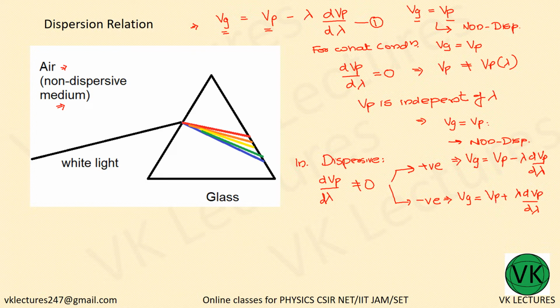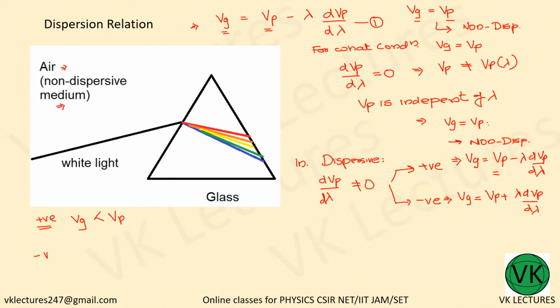If it is positive, from this equation Vg equal to Vp minus something, that means Vp is greater, so Vg is less than Vp.